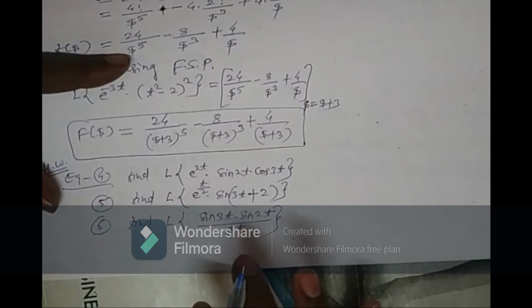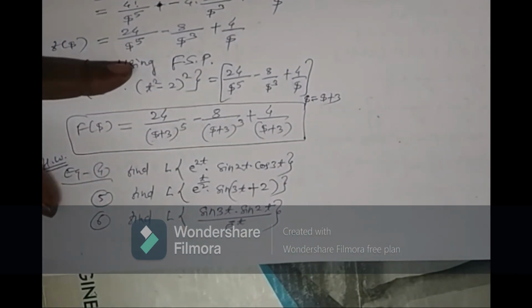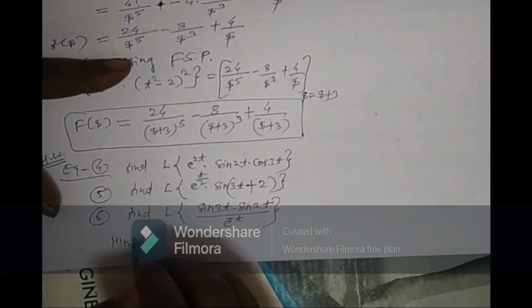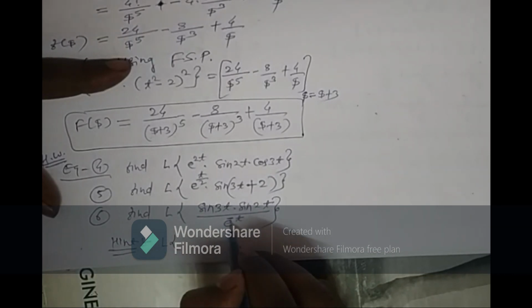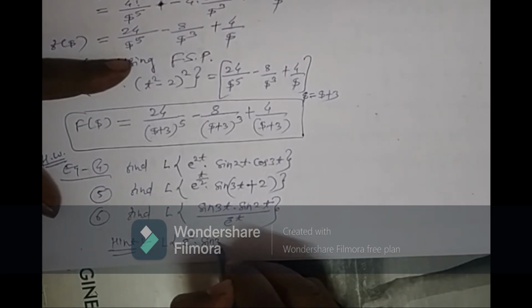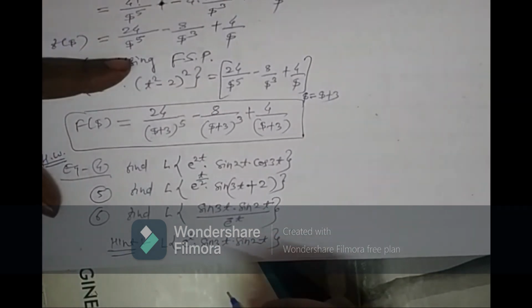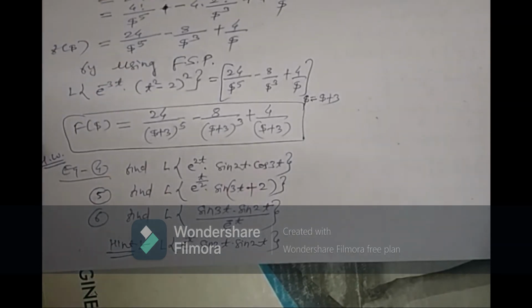So how to solve this example? This is a very simple example, just the arrangement is changed. The hint is that you can write e raised to minus t in the denominator as e raised to t in the numerator, so e raised to t into sin 3t into sin of 2t. The remaining portion is very easy, you can solve these examples.